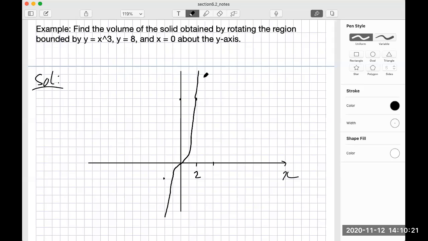Yeah, this is y equals x cubed, right? This is 8.